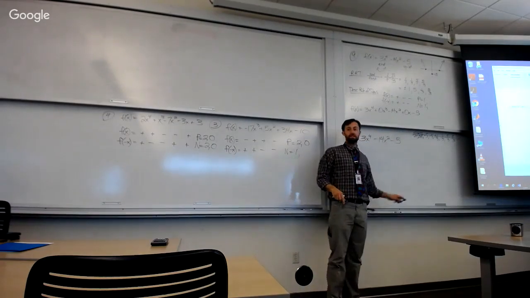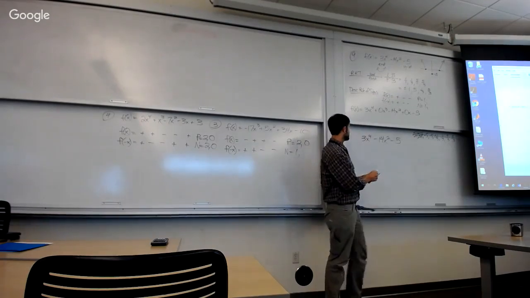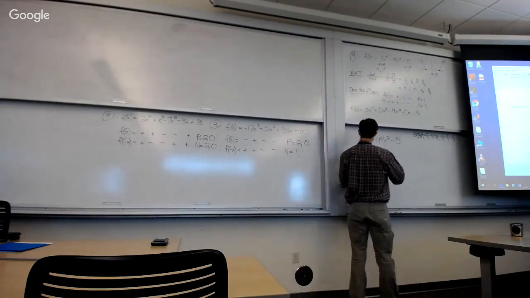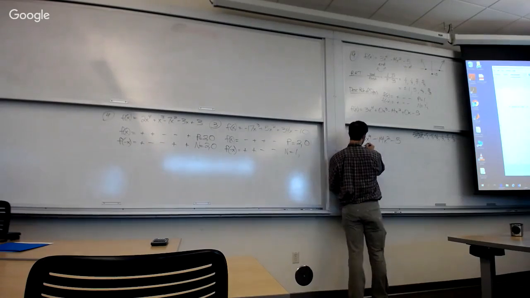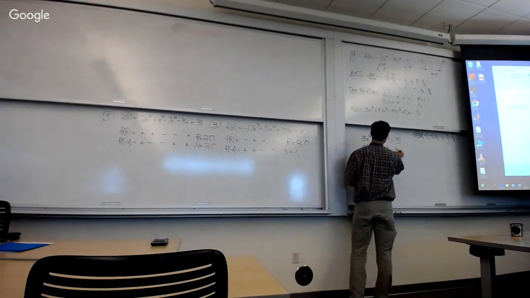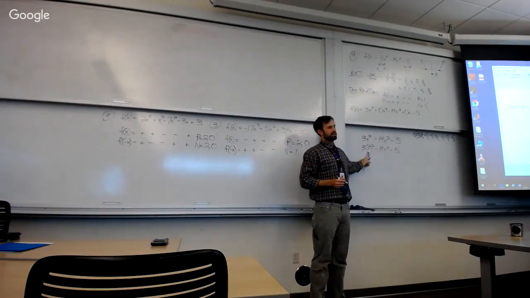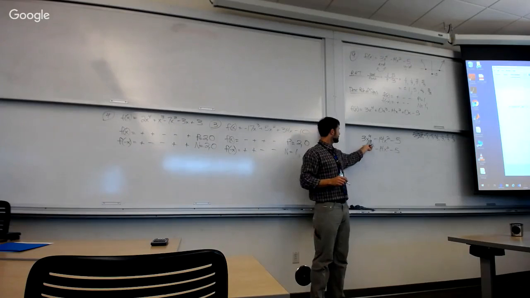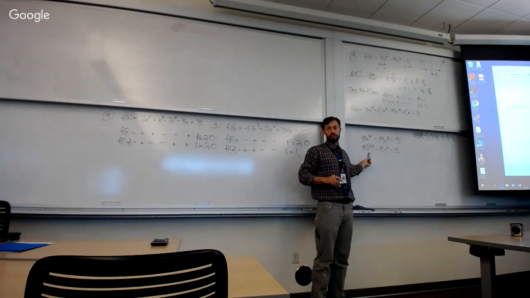And what I'd like us all to consider here is something called substitution. I want you to notice that instead of 3x to the fourth, that could be written as 3 times x squared, squared, minus 14x squared minus 5. Look what I did right there. I just rewrote x to the fourth as really x squared squared. Is that correct? Yeah.